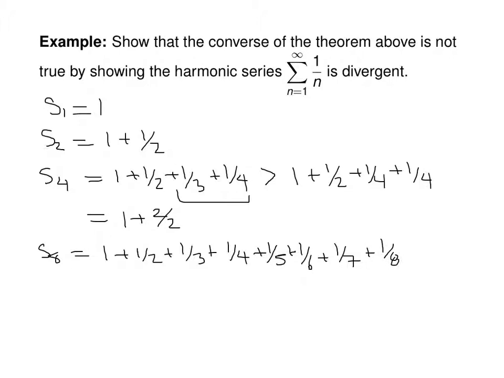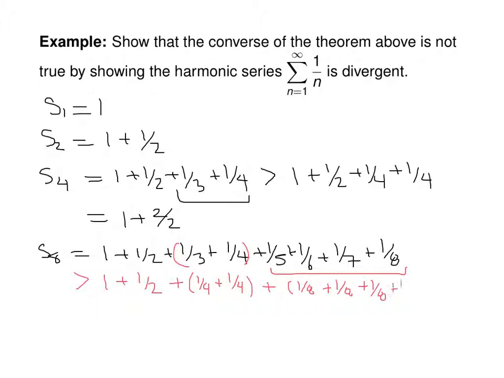And we discussed the fact that this 1/3 plus 1/4 is greater than 1/4 plus 1/4. And this last bit is greater than a whole sum of four 1/8s, so 1/8 plus 1/8 plus 1/8 plus 1/8, which is equal to 1 plus 3 over 2.